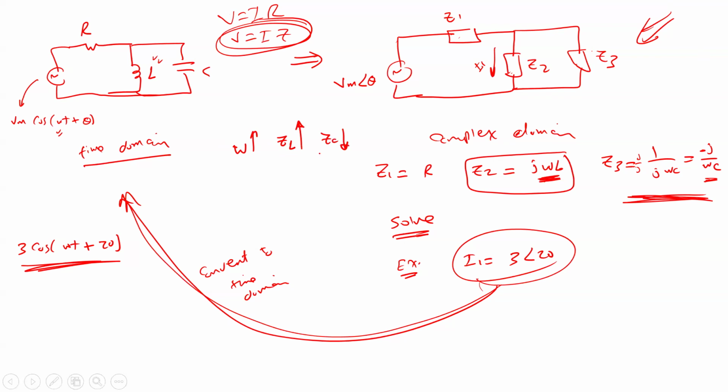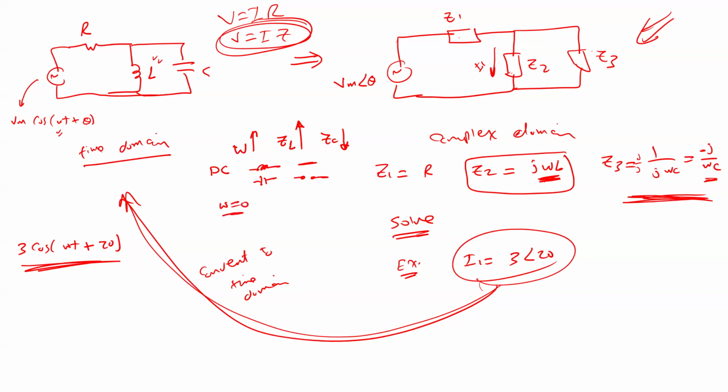Okay? And I wanna link what I did right now with what I told you before. When the input is DC, the inductor becomes a short circuit, and a capacitor becomes an open circuit. I can support this fact from the equation we have here, because in case of DC, omega is equal to 0, frequency is equal to 0.